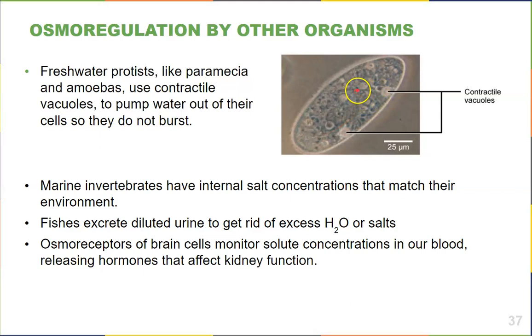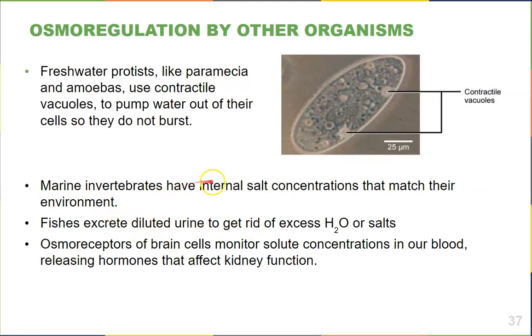And so it has to continually pump water out of the cell, because if the cell has a salty environment and this is fresh water, water is going to continually move into the cell by osmosis. That's just how it happens. So this paramecia has contractile vacuoles that collect excess water and push it out of the cell.